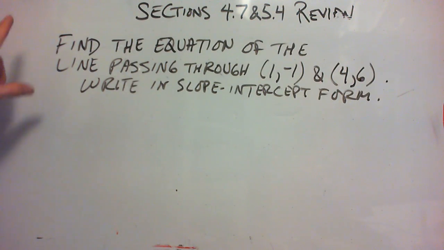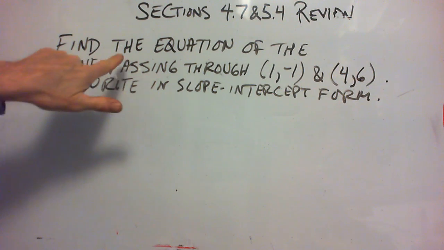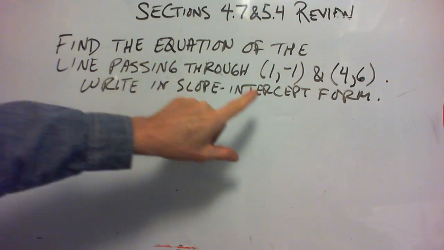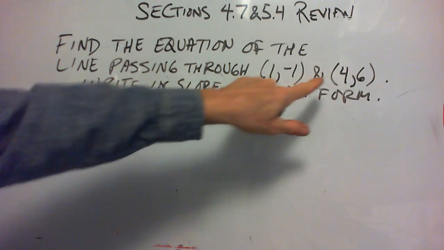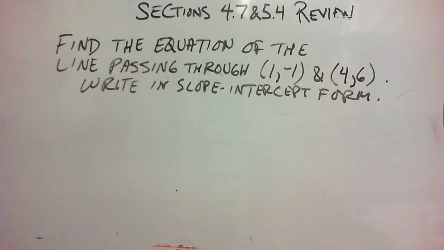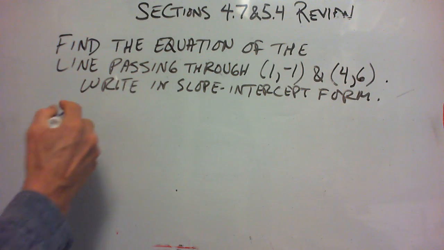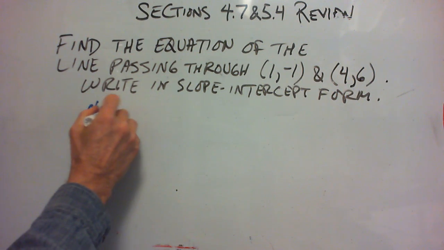And I've included a review problem here, similar to one of your homework problems. Find the equation of the line passing through 1, negative 1, and 4, 6. So those are the 2 points, right, in slope-intercept form. Now, if you remember, you need 2 things to find the equation of a line.